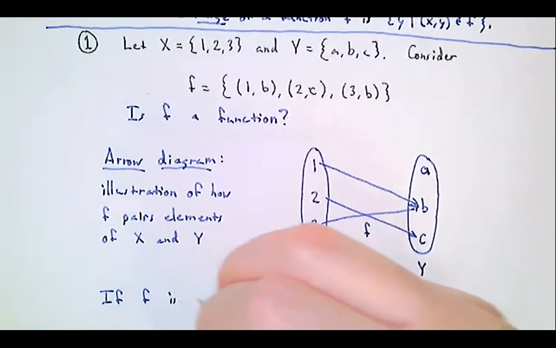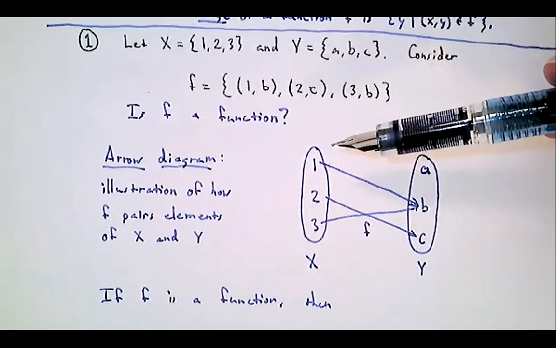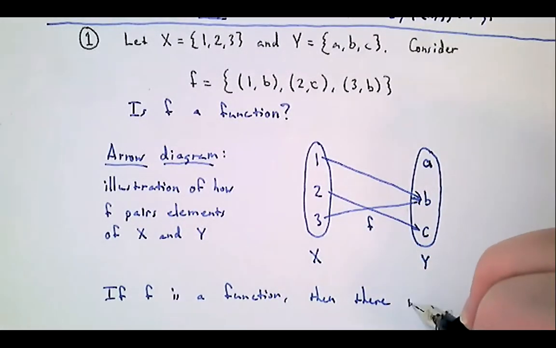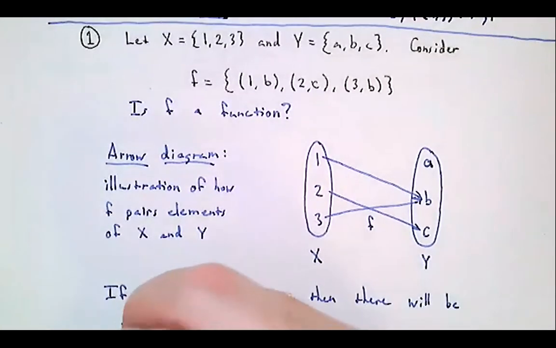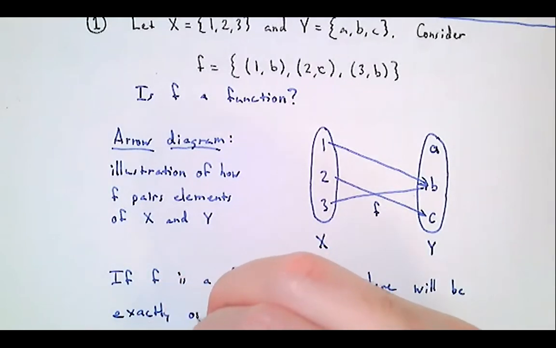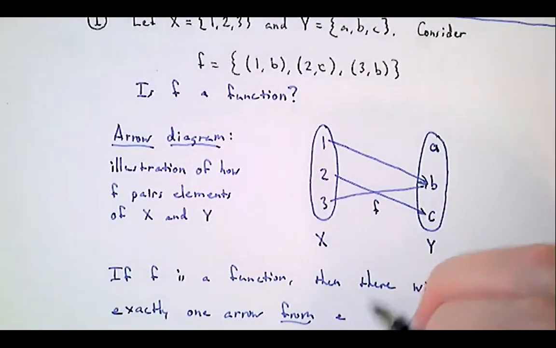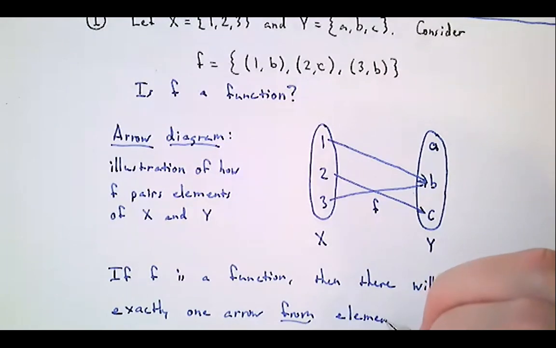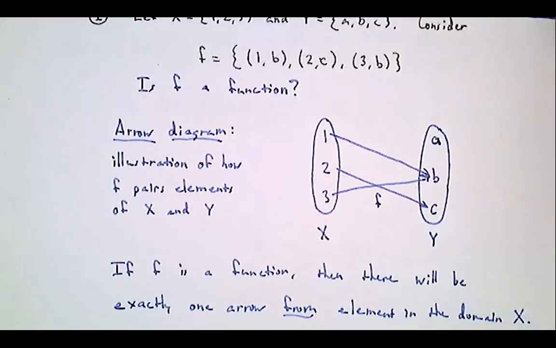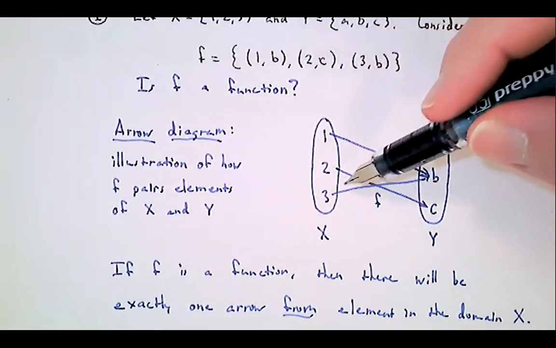If f is a function, then there can only be one arrow from each element of X. So then there will be exactly one arrow from each element in the domain X. So looking at our arrow diagram, we can see that 1 has a single arrow, 2 has a single arrow, and 3 has a single arrow.